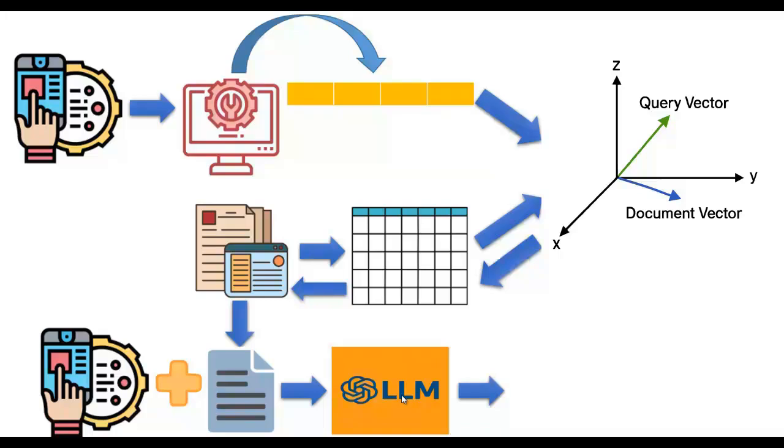It helps the model give grounded, trustworthy answers, especially when you want it to work with your private data, not just public internet data. Hope all of you are clear with RAG. If you don't fully understand some parts on the first watch, I recommend watching it one more time. And I'm sure by the end, you will have a very clear understanding of RAG.